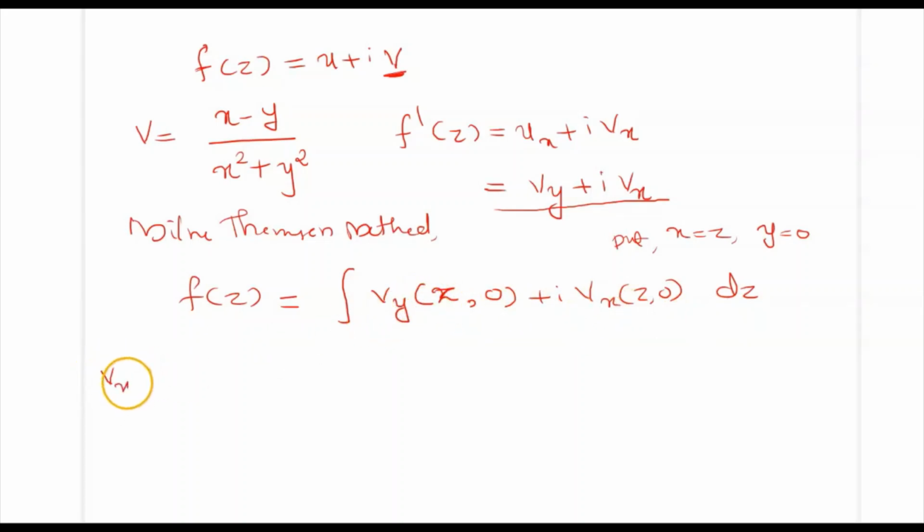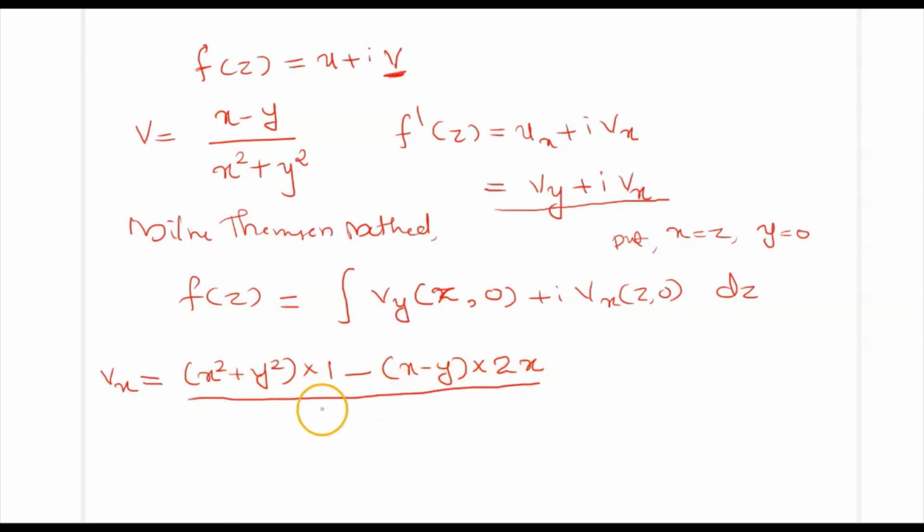V is there, vx is equal to the derivative of v with respect to x. It is in the form u by v, so denominator into derivative of numerator with respect to x, that is 1, minus numerator into derivative of denominator with respect to x, that is 2x, divided by denominator square, (x square plus y square) whole square.